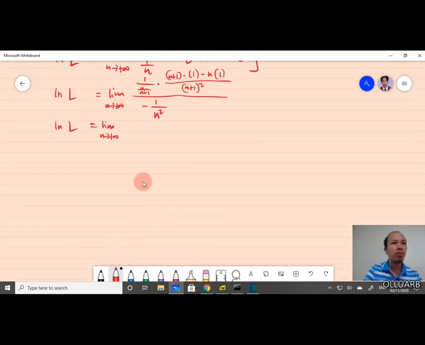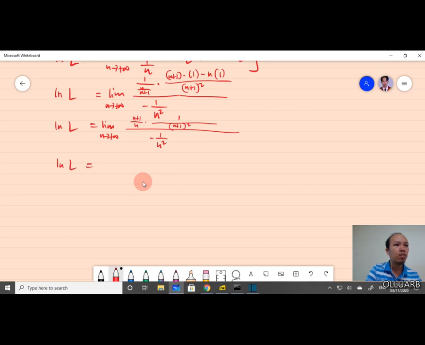Okay, let's simplify. The numerator becomes (n plus 1)/n times, this becomes (n plus 1) squared, and then the numerator is 1, over negative 1 over n squared.